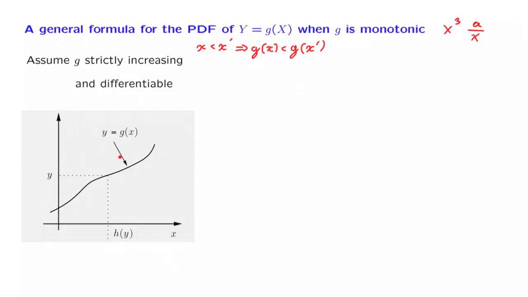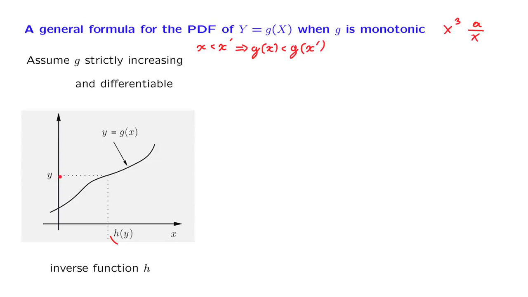So the function g takes us from x's to y's, but you can also go back the opposite way from y's to values of x. And the mapping that takes us from y's to x's, this is the inverse of the function g, and we give a name to that inverse function and we call it h. So h of y is the value of x that produces a specific value y.